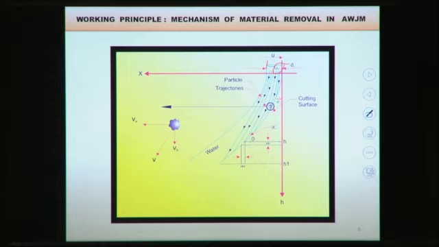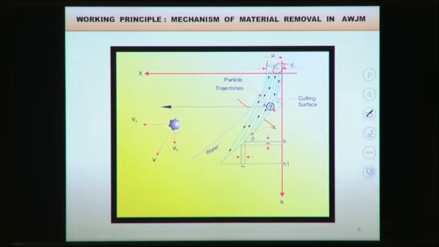Initially the diameter of the jet was d1. While impacting the workpiece surface, you can see the diameter increasing. The diameter of the abrasive water jet is shown inside the workpiece, initially impacting with a diameter of d1.